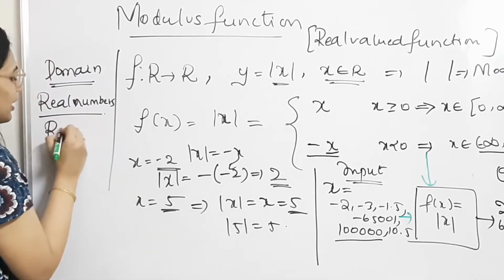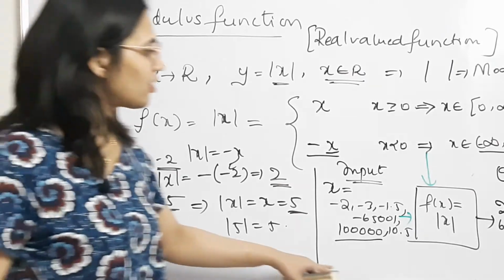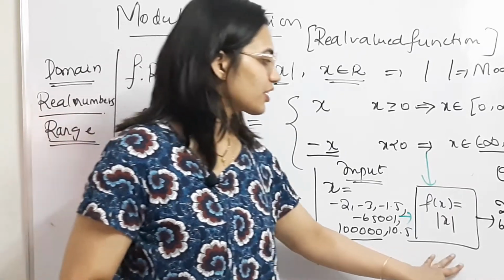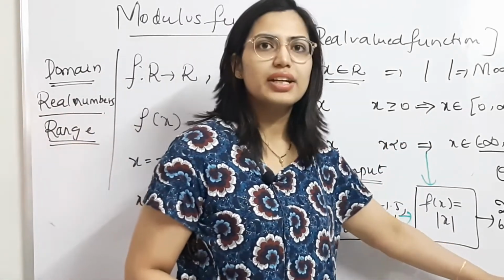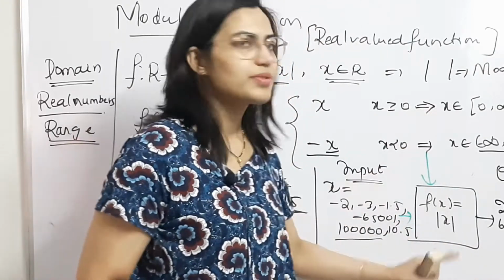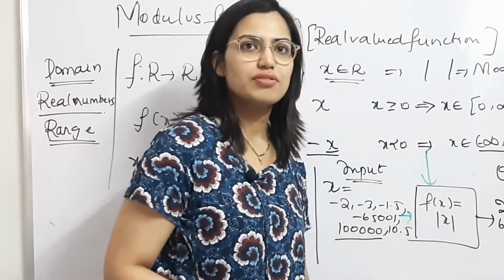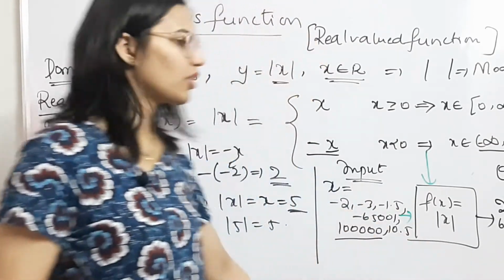But what do you think is the range of the modulus function? You are passing all negative and positive integers or non-negative integers here, and this function will perform based on the definition that we have given here. But what is the output that you are getting after this function performs as per the definition? You are getting all positive integers, right? You are getting all the values as positive integers. You are not getting negative integers.